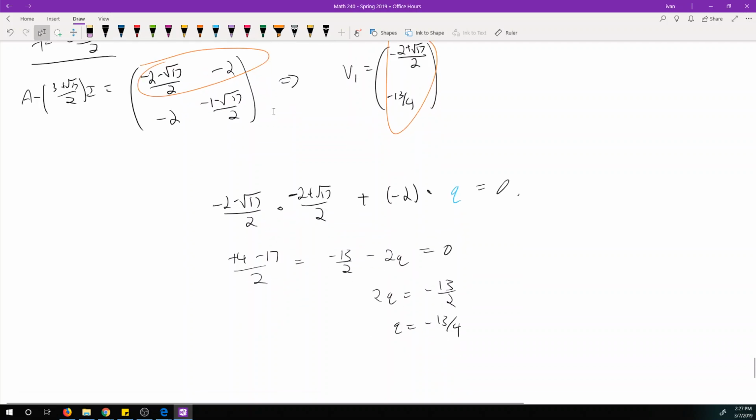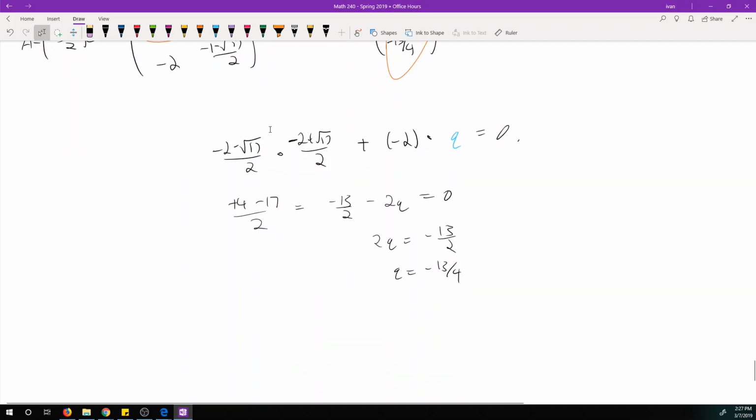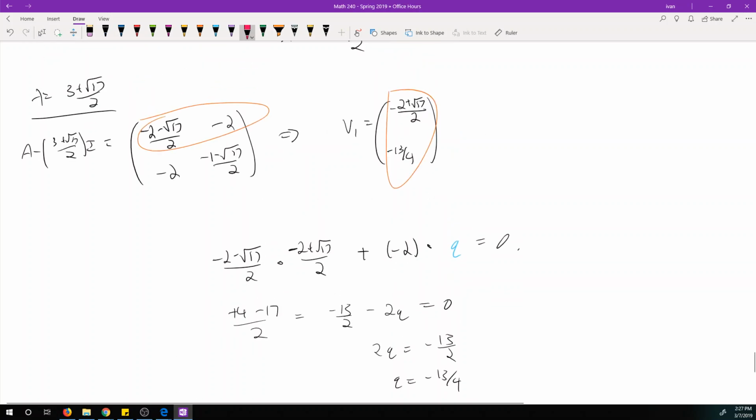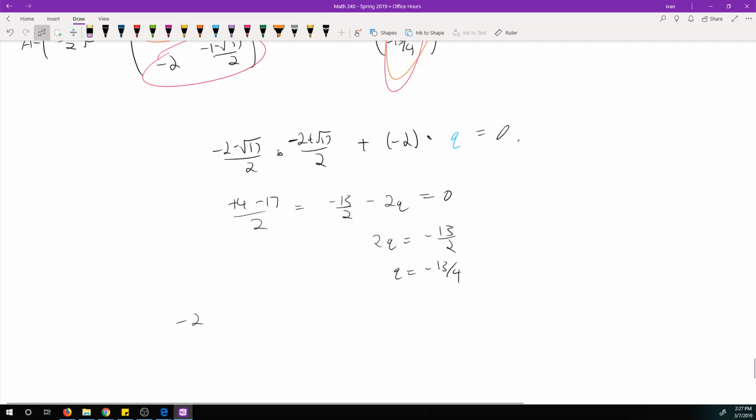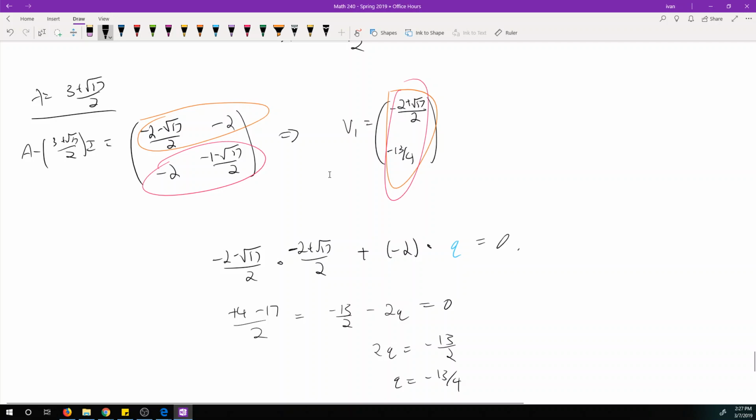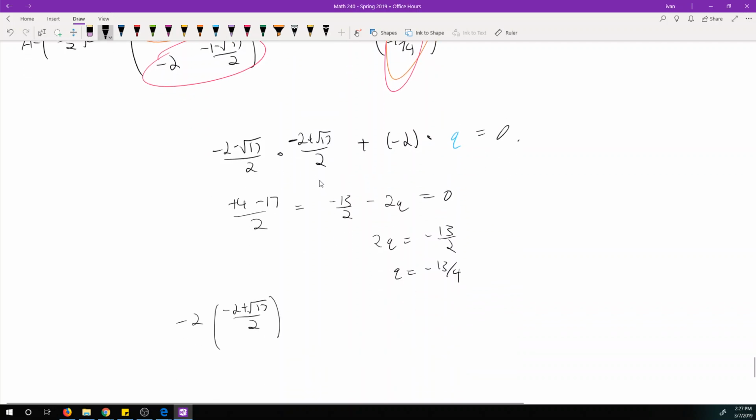Okay. This doesn't seem very promising. And then we'll just check to make sure that's right. So now you want to check with the dot product of the second row with this guy. So you get negative 2 times negative 2 plus root 17 over 2. And then you add that to negative 1 minus root 17 over 2 times negative 13 over 4.